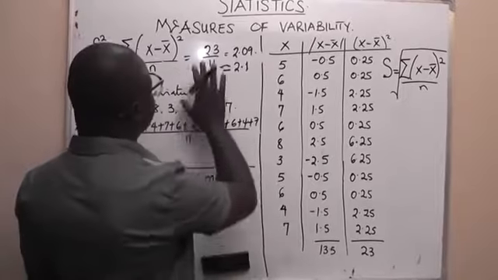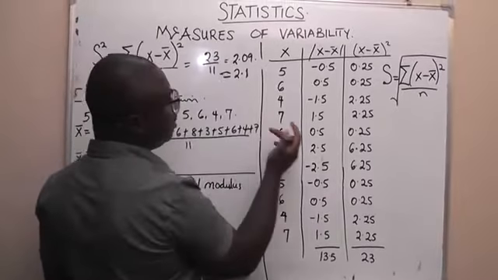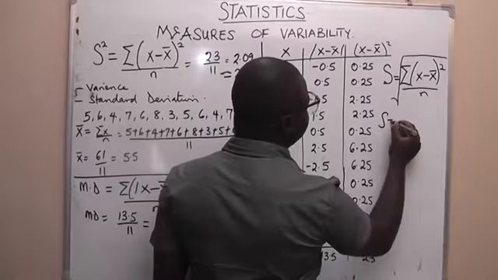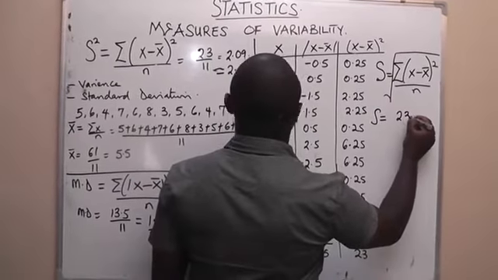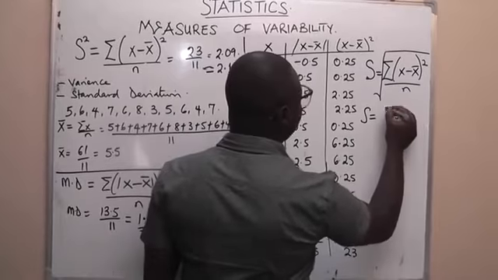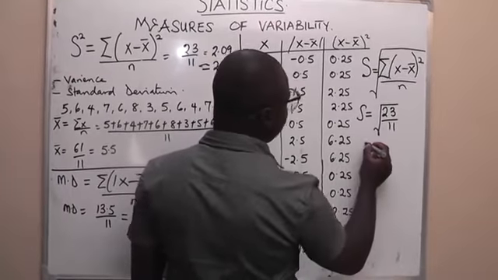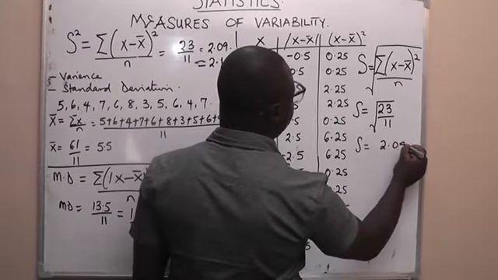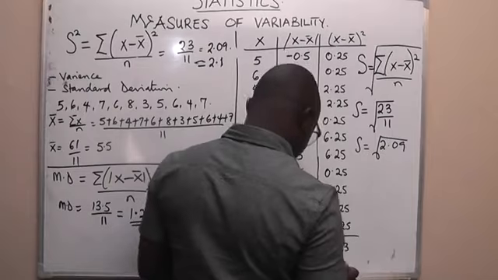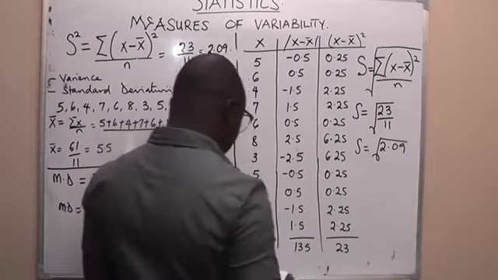So all of these values will still be the same. We say standard deviation is equal to the square root of 23 over 11. Standard deviation is equal to the square root of 2.09.